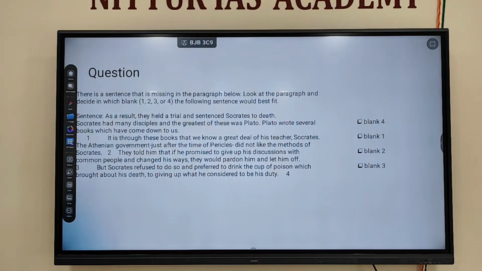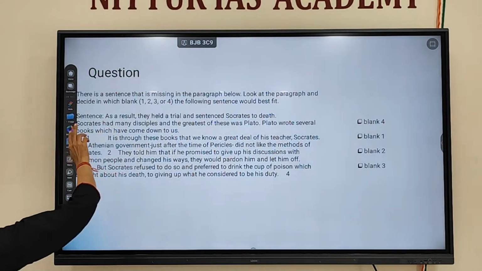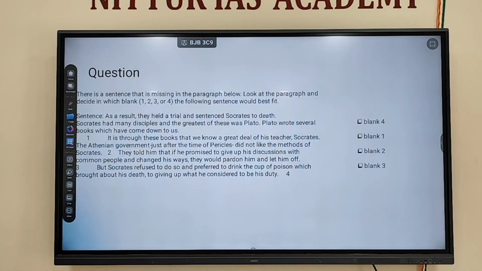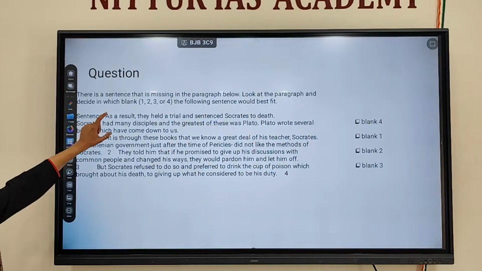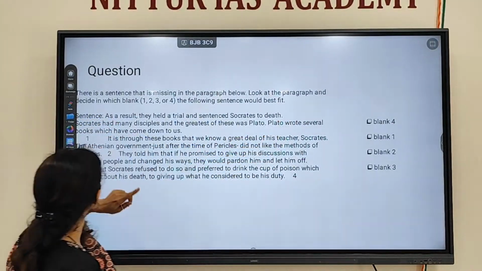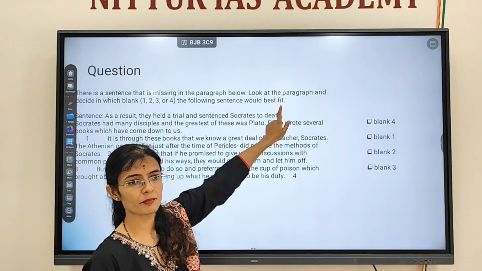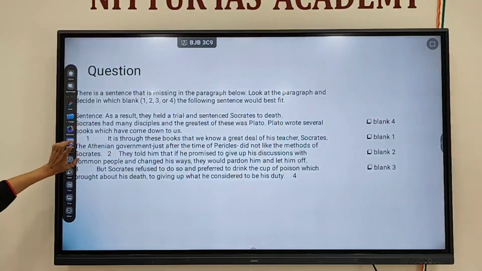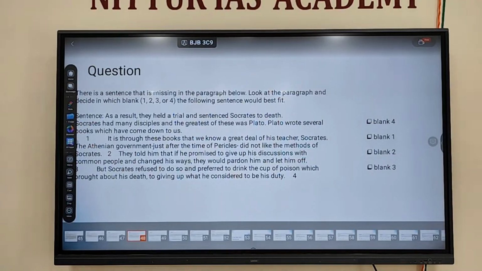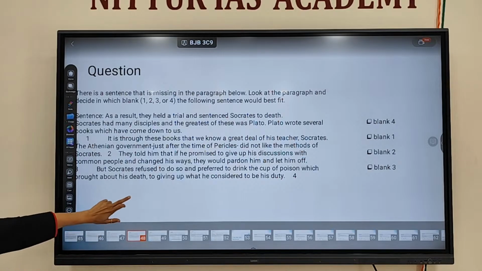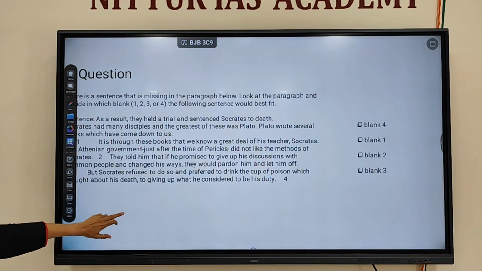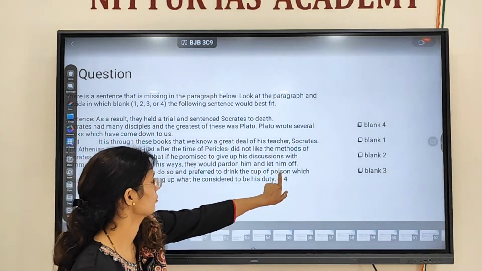So I believe what they've said is there's a sentence missing. So since this is the sentence, the missing part should be here, right? What do you think? It's given the same way in the question paper. So this is the fourth option.